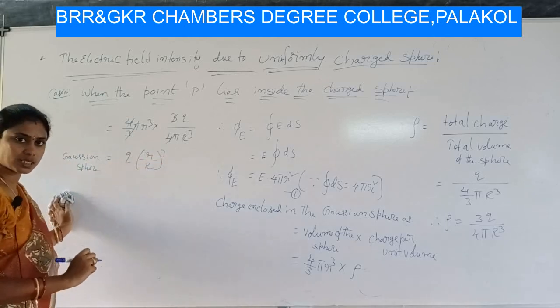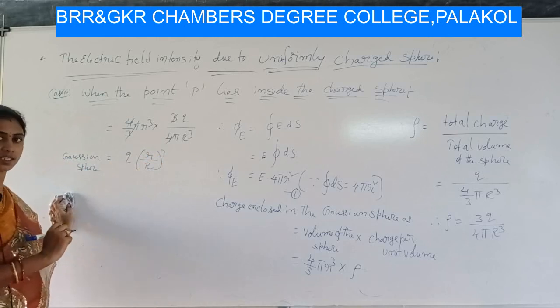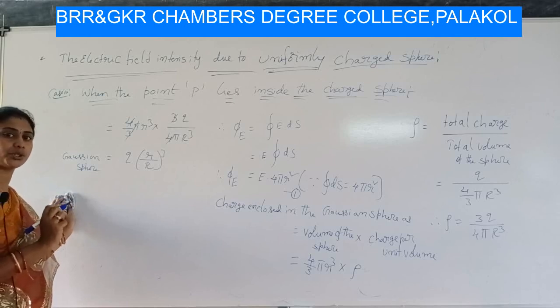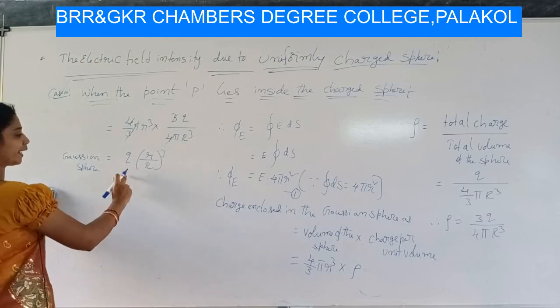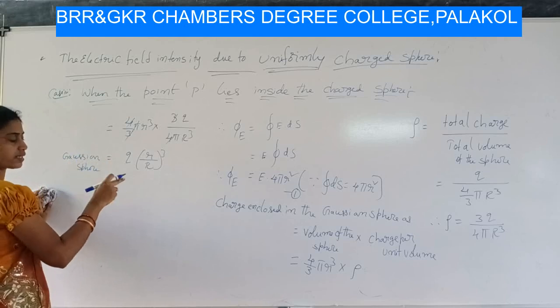This is also an application of Gauss law, hence we consider the Gauss law statement. From Gauss law we know that the flux phi E equals 1 by epsilon naught times Q, where Q is the charge enclosed in the Gaussian surface.